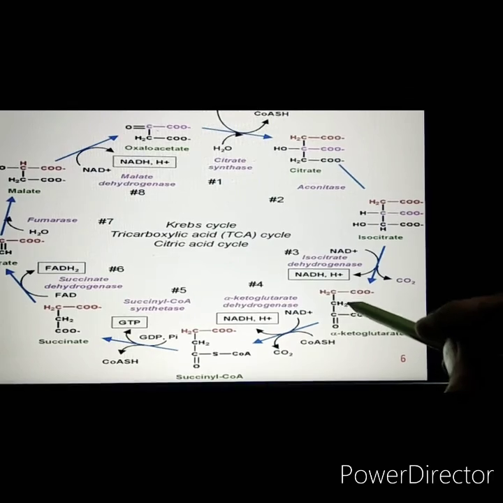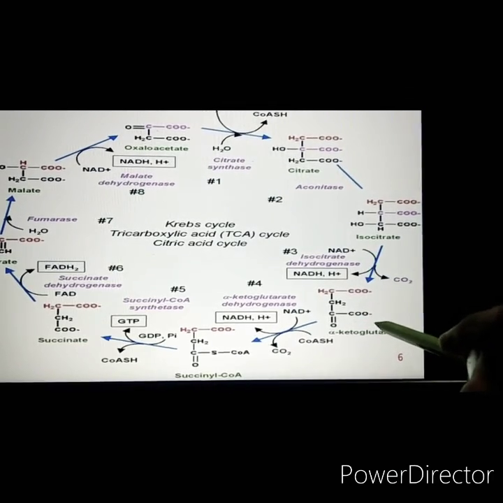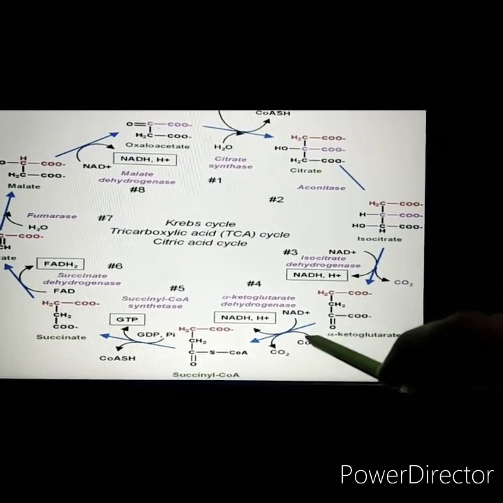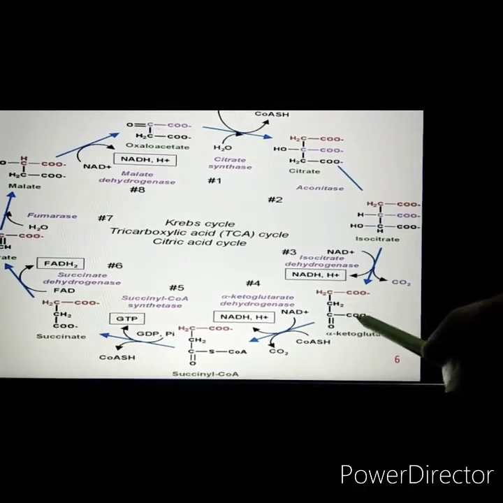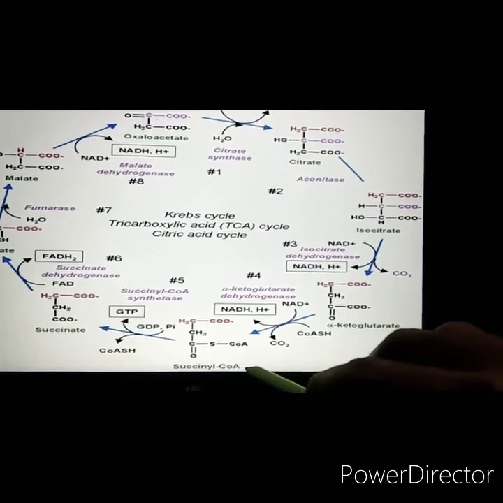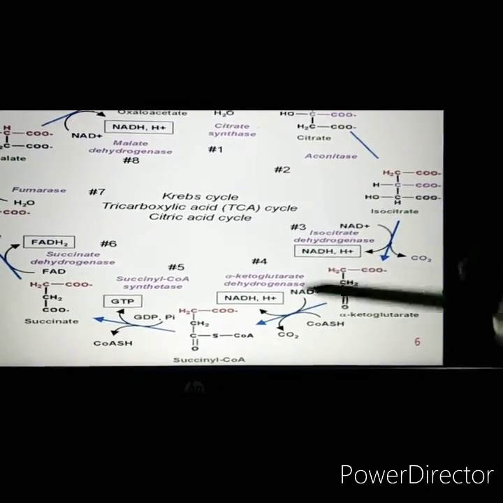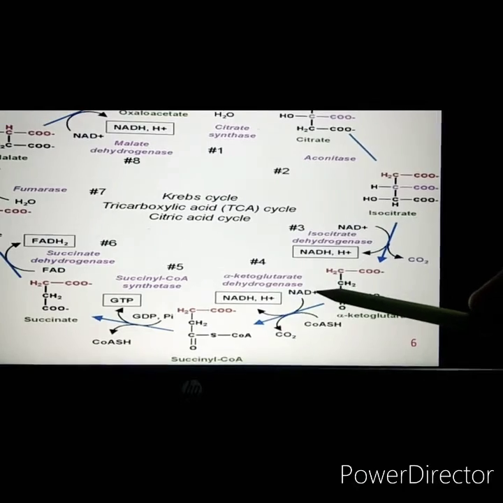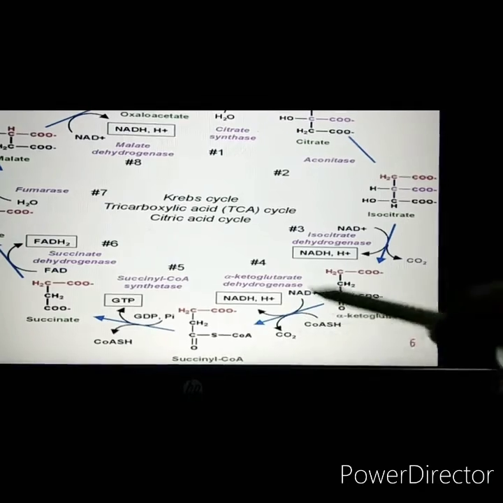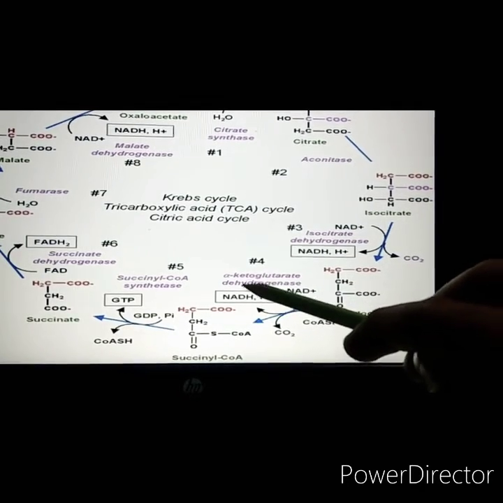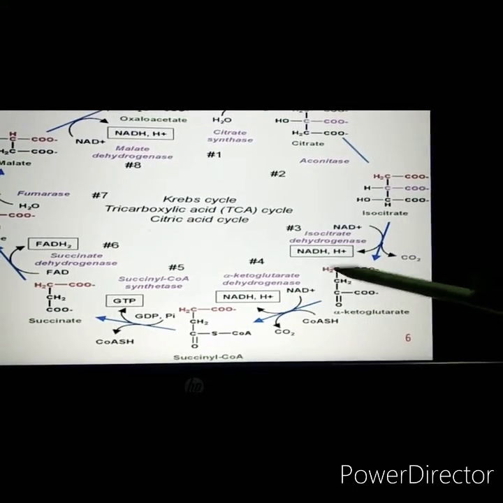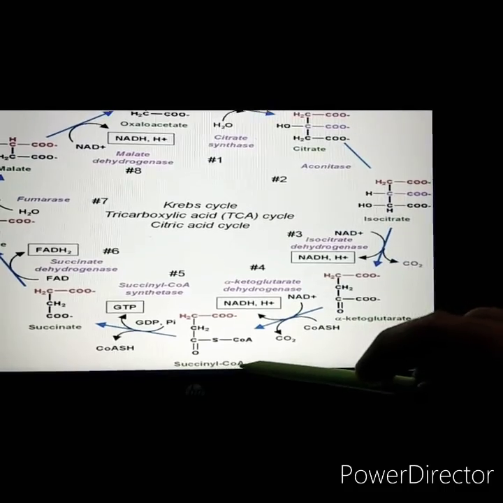One is oxidation, that is removal of hydrogen. Another is decarboxylation, that is the carbon dioxide molecule is removed, and another is addition of coenzyme A. So three different processes take place for conversion of alpha ketoglutarate to succinyl-CoA. The hydrogens that are lost are accepted by NAD+, and this NAD+ is reduced to NADH. This reaction takes place in presence of enzyme alpha ketoglutarate dehydrogenase. Alpha ketoglutarate is a substrate that undergoes dehydrogenation to form succinyl-CoA.